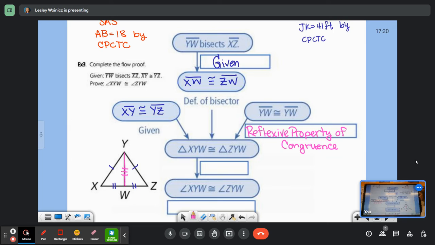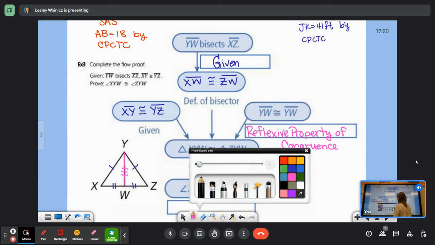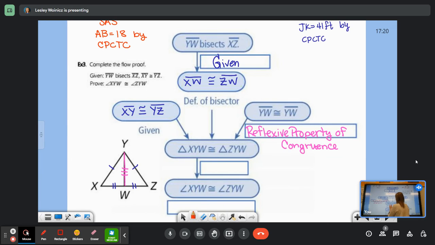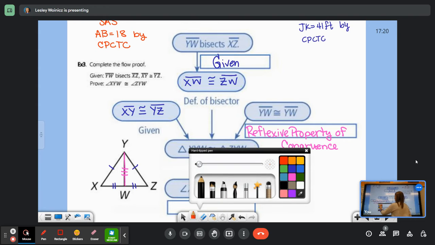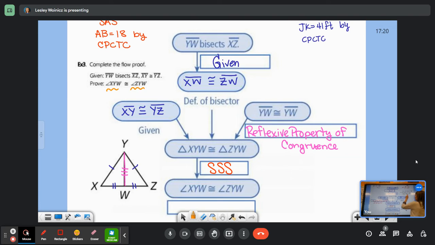Okay, so here I have three pairs of congruent sides. So these triangles are congruent by side, side, side. Now, what we have to prove is that these two angles are congruent. So now that I've got two congruent triangles, I know that all of their corresponding parts have to be congruent.